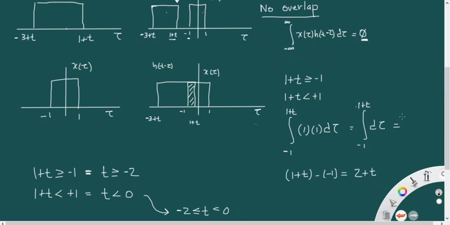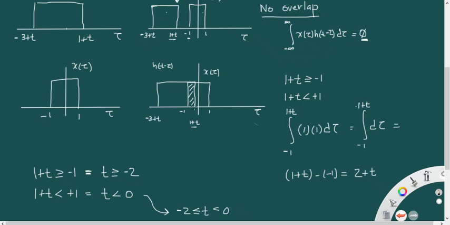Let's work another case. Let's say that this 1 plus t, which is this h over here, is equal or greater than minus 1. So in this case, this is the h of 1 plus t, and this is equal or greater than minus 1, but is less than 1. So this edge cannot be far away to the right, or it cannot be far away to the left from this -1 value.